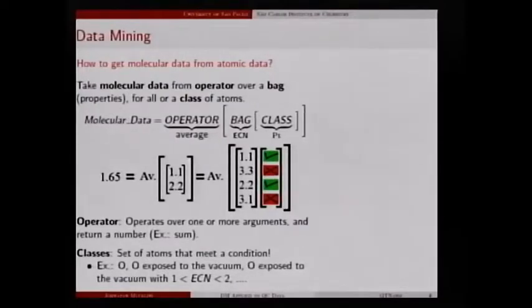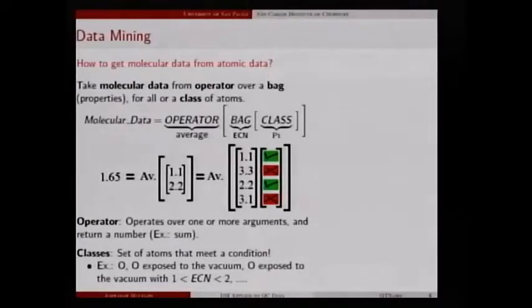And we analyze the data based on a class. So the class just selects some of the atoms. For instance, I am selecting the platinum atoms here, so the first one and the second. And then I applied some kind of operator over the resulting array. And I take the molecular information of the average coordination number of the platinum atoms.